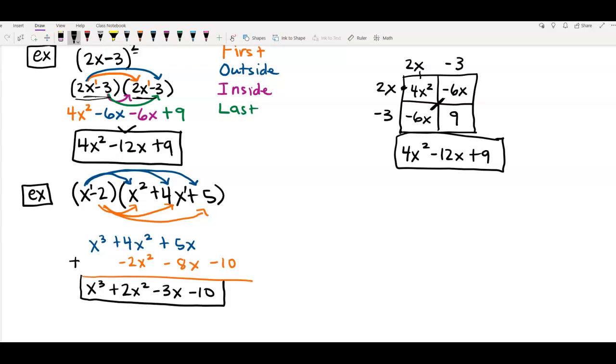And then x times 5 is 5x. And then in orange, I distributed the -2 through to everybody, and then I just wrote that underneath here. I lined up my like terms to make it easier when I'm putting those together. And so then I got x to the third plus 2x squared minus 3x and then minus 10.